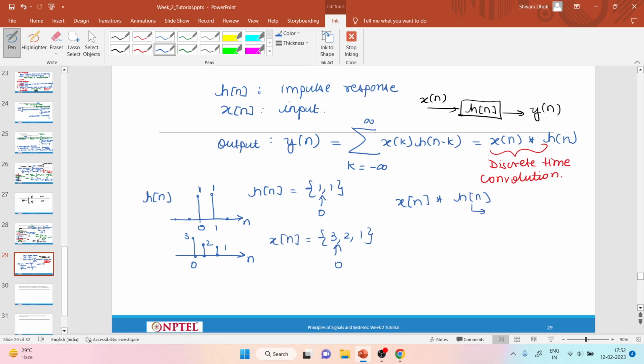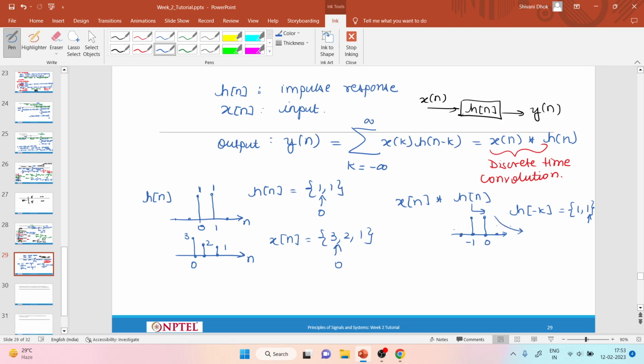For that we first need to flip this, that is, we first need to find h of minus k. So this will be 1 comma 1, but now we are just flipping this h of n, whatever was at 1 will now be available at minus 1, the 0 position will remain, and the rest will be 0.